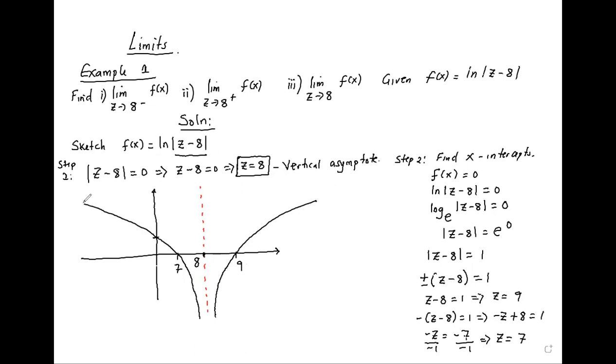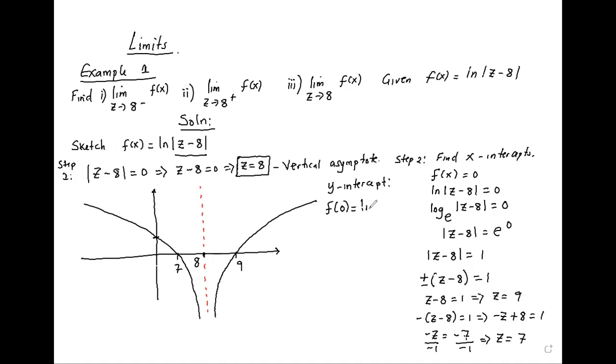Because it has touched the y-axis, we must find the y-intercept. So how do we find the y-intercept? We do f of 0. Where there is x, we take 0.